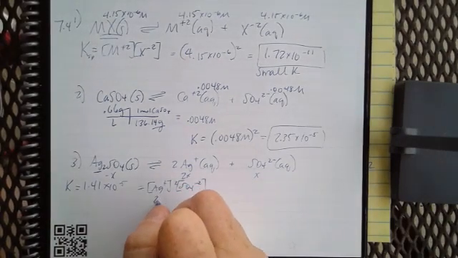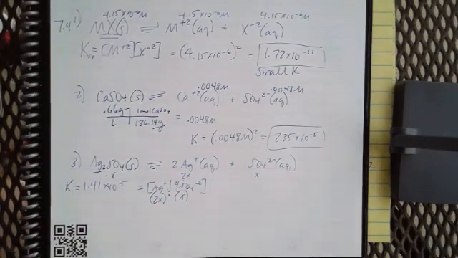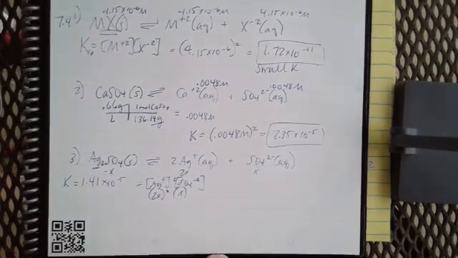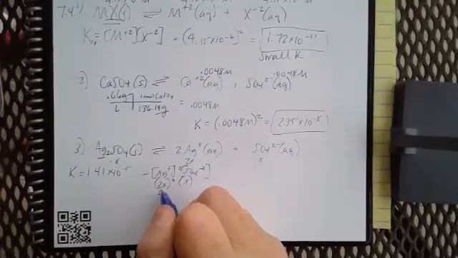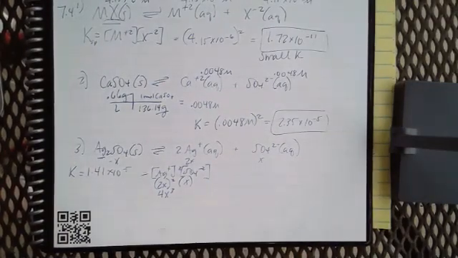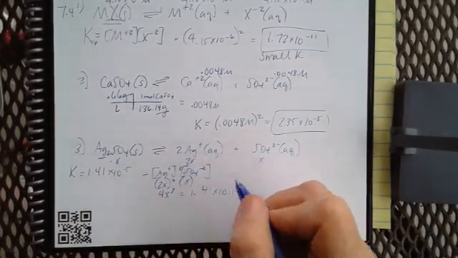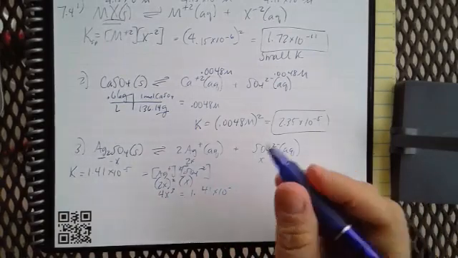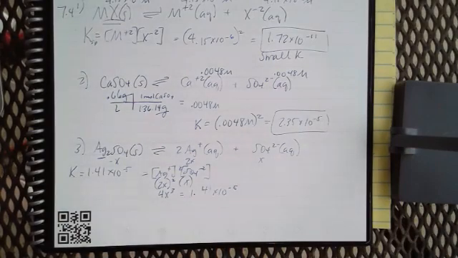My concentration of silver is 2X squared times X for sulfate. And that would be 4X cubed, right? Equals 1.41 times 10 to the minus 5th. Y'all better solve it fast, we got 8 minutes before they cut us off. Divide it by 4, take the cube root.